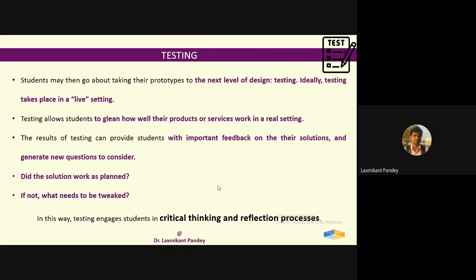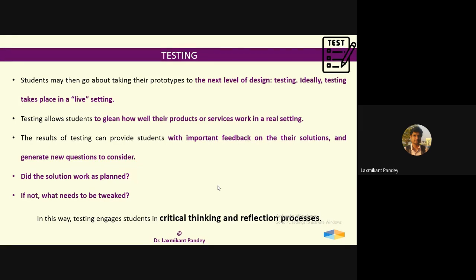After performing the different types of experiments, they come up with a SOP, the standard operating protocol, and that SOP can be set for that particular problem. So after performing lab experiments in a group, they can come up with a real solution to that problem.